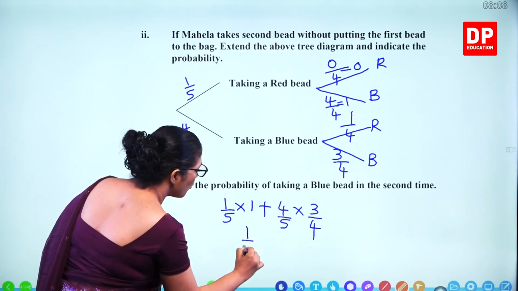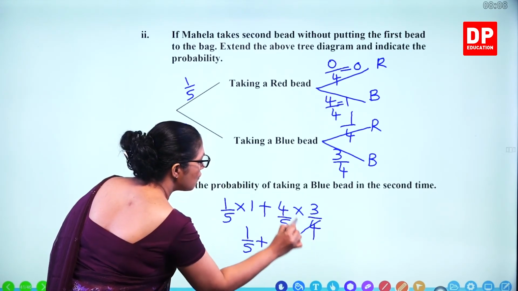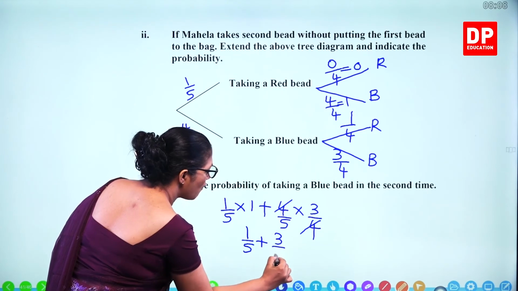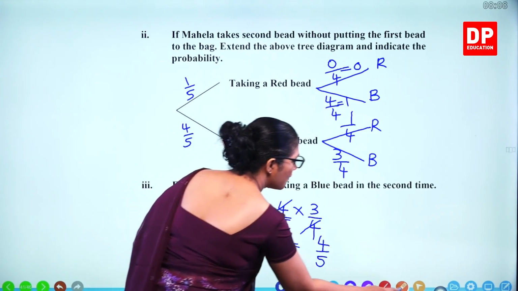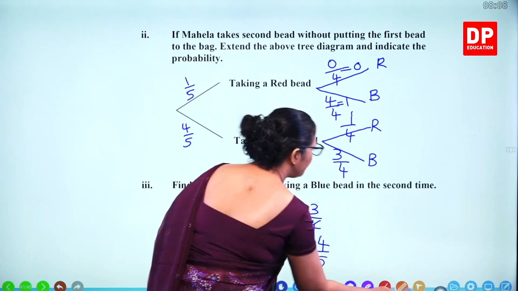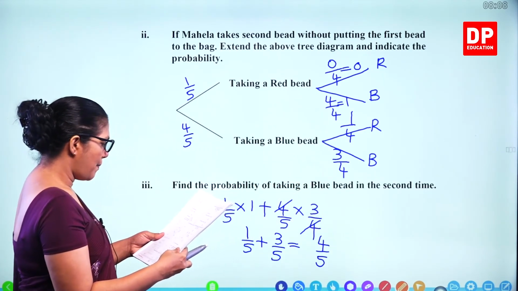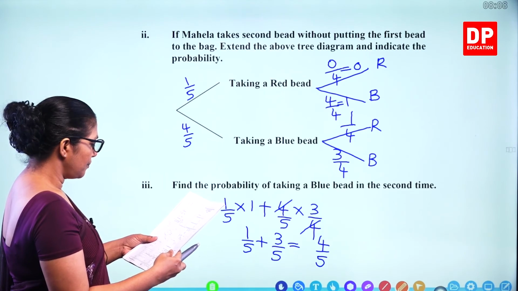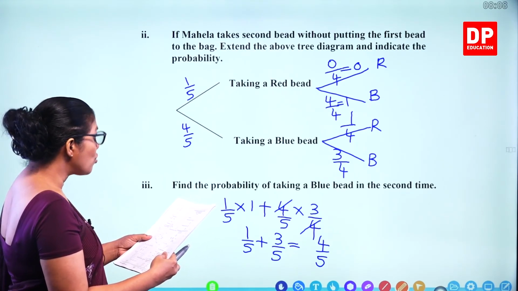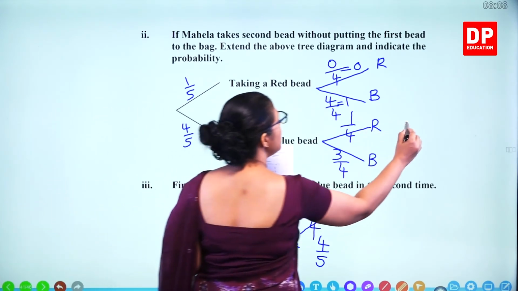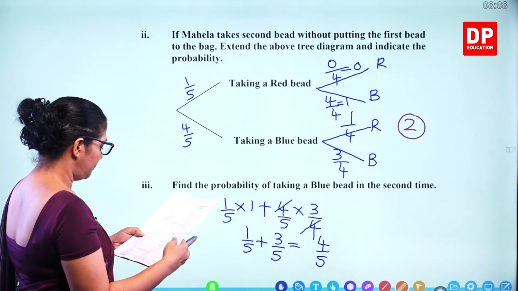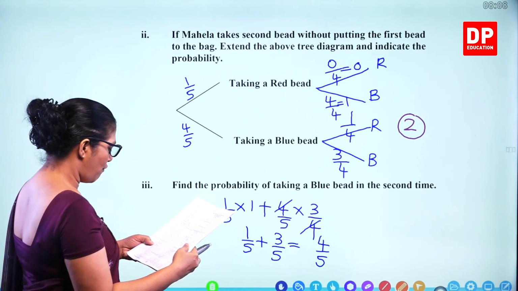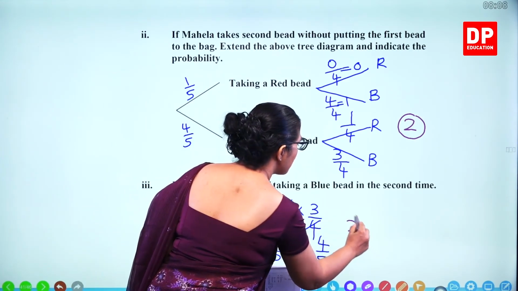So you get 1/5 plus 4 get cancelled out, that's 3/5. Altogether 4/5. So how many marks? So you are getting 2 marks for completing the diagram. And 4/5, 2 marks.